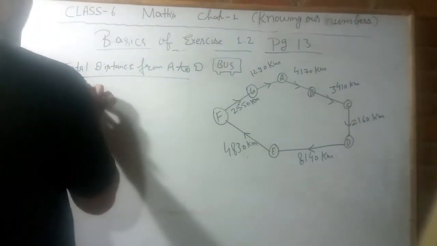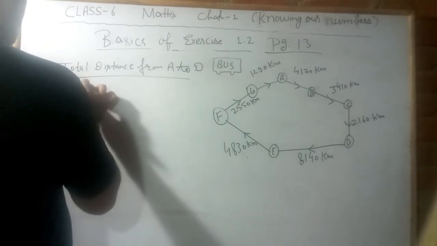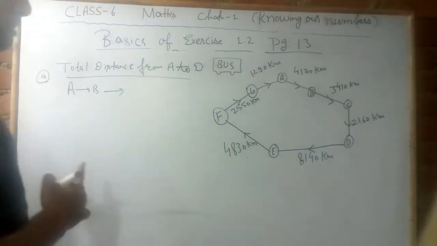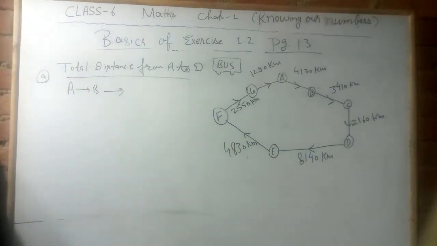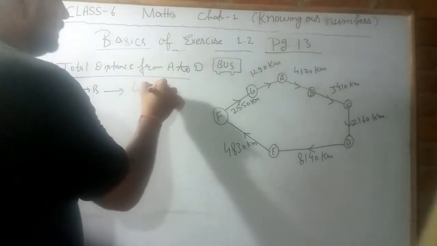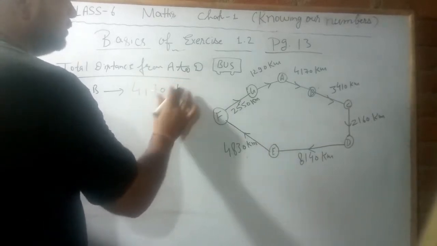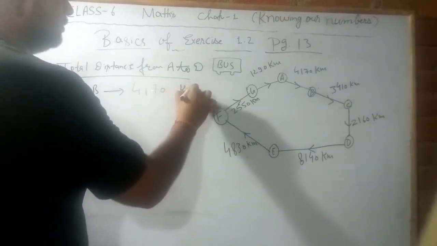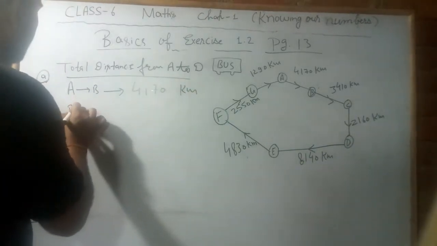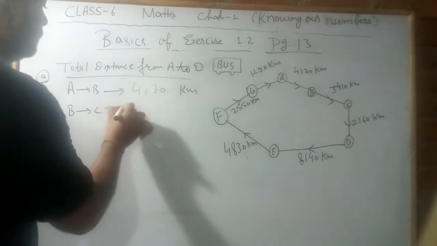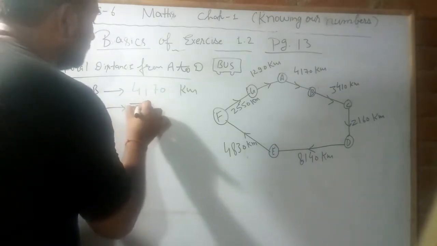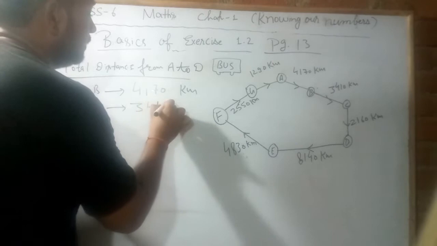So what is given? A to B, 4,170 kilometer. Now B to C, 3,410.